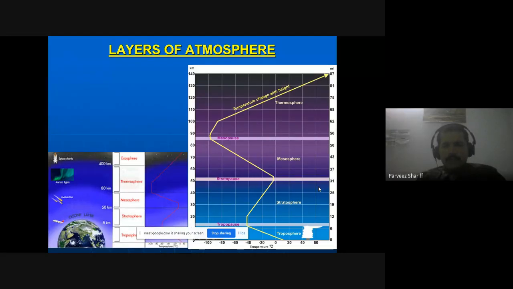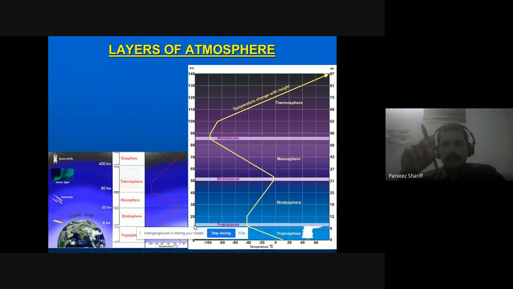As you see, the troposphere is very close to the Earth's surface, from the surface up to an altitude of say 8 to 16 kilometers. As we go higher in the troposphere, the temperature starts decreasing.